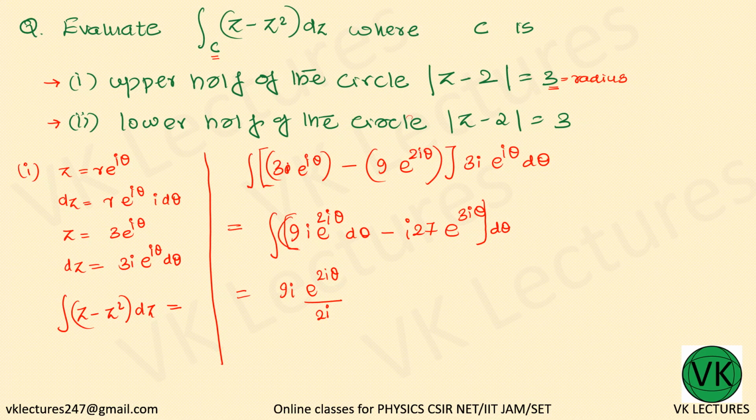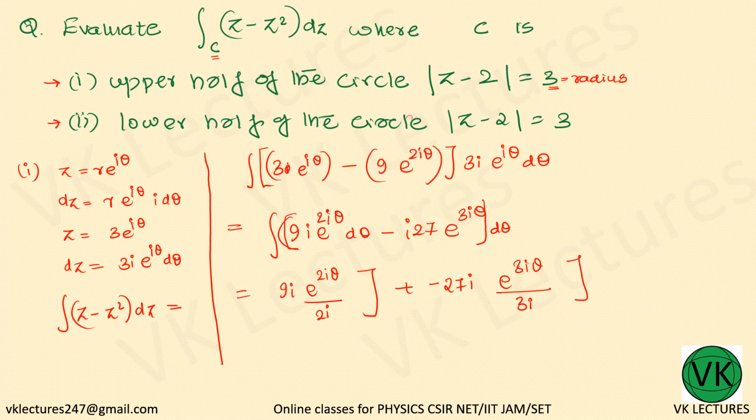Then this value is from, let us put the limits later. Then minus 27i e to the power 3i theta divided by 3i again.